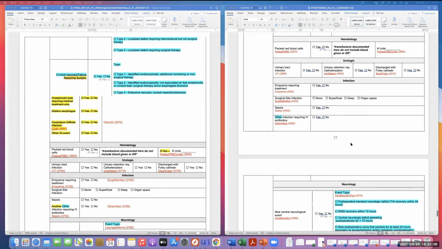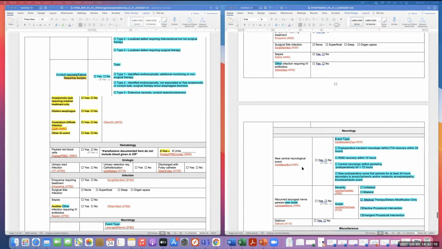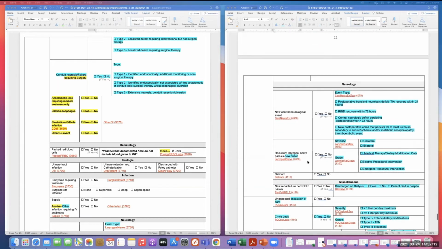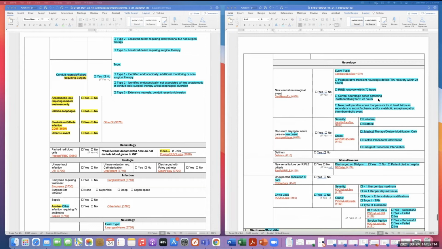And then neurology, new central neurologic event, yes or no, and then details of the type. Was it just TIA? Was it a RIND, which is a 3-day event, or was it longer than 3 days, 72 hours? Or was there an anoxic or metabolic encephalopathy, thrombotic event?